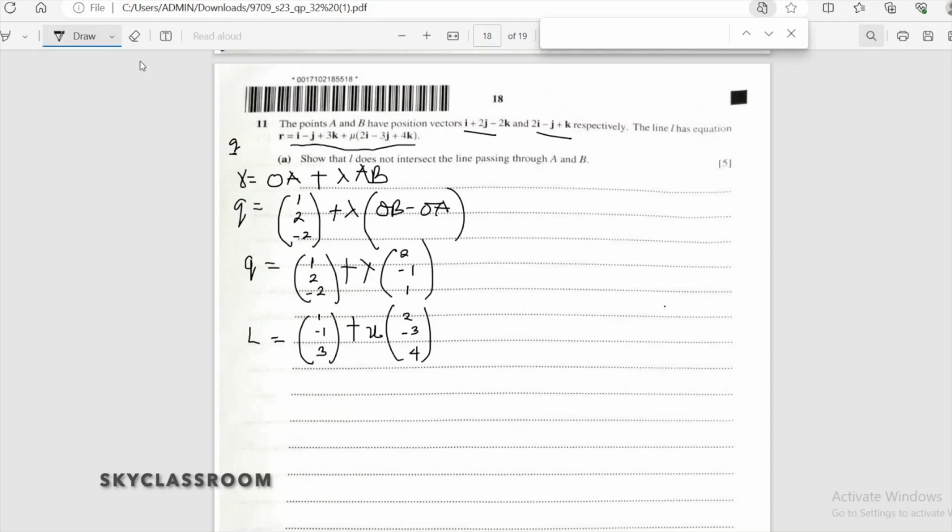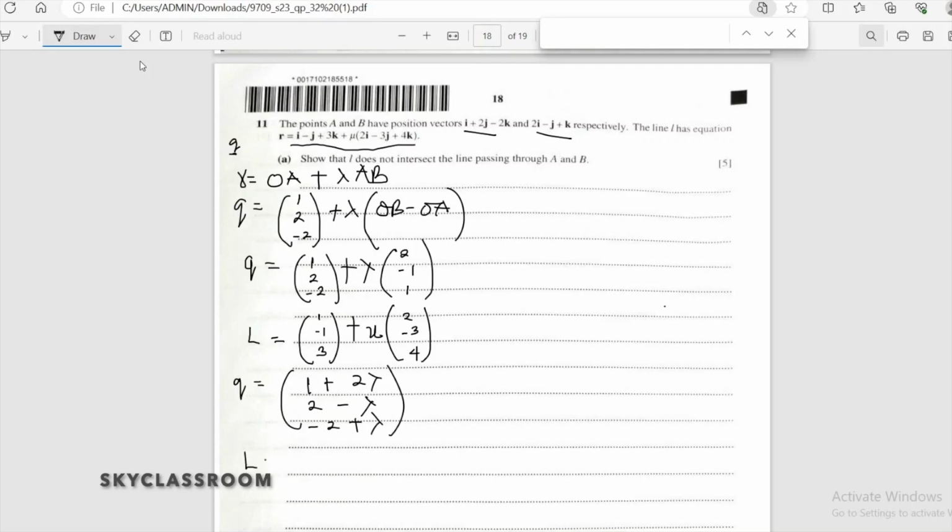For intersection, they must be equal. For Q, if we simplify it, we have 1 plus 2 lambda, 2 minus lambda, and minus 2 plus lambda.